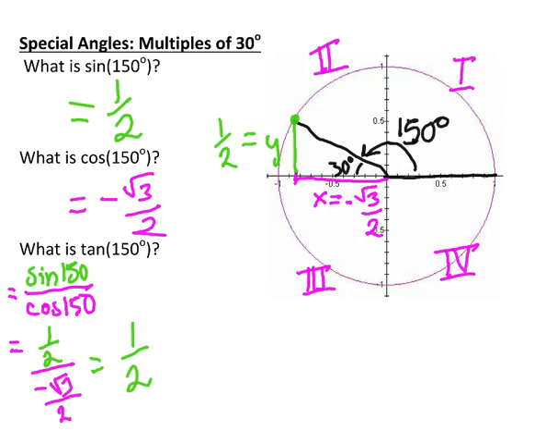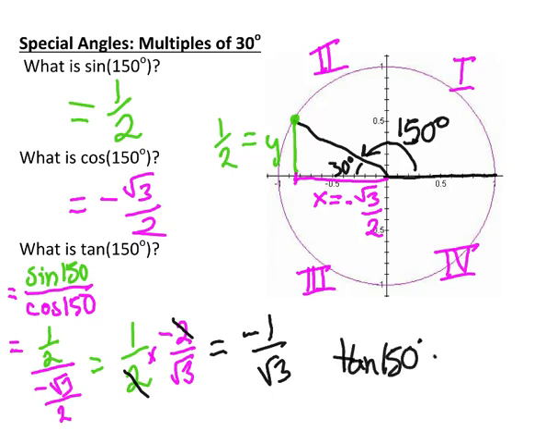I keep the half the same, but I flip the one on the bottom, so that becomes negative 2 over root 3. You'll want to cancel the 2's. We're left with a negative 1 on top and a root 3 on the bottom. So tan of 150 degrees is negative 1 over root 3 exactly.